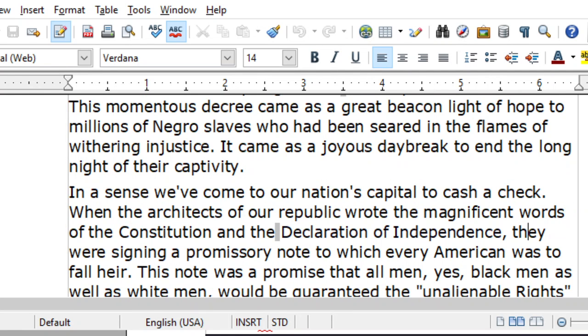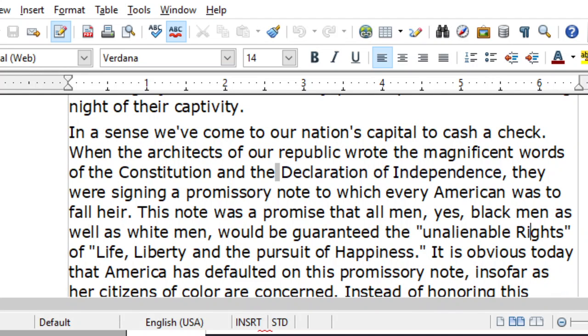When the architects of our republic wrote the magnificent words of the Constitution and the Declaration of Independence, they were signing a promissory note to which every American was to fall heir. This note was a promise that all men, yes, black men as well as white men, will be guaranteed the unalienable rights of life, liberty, and the pursuit of happiness.